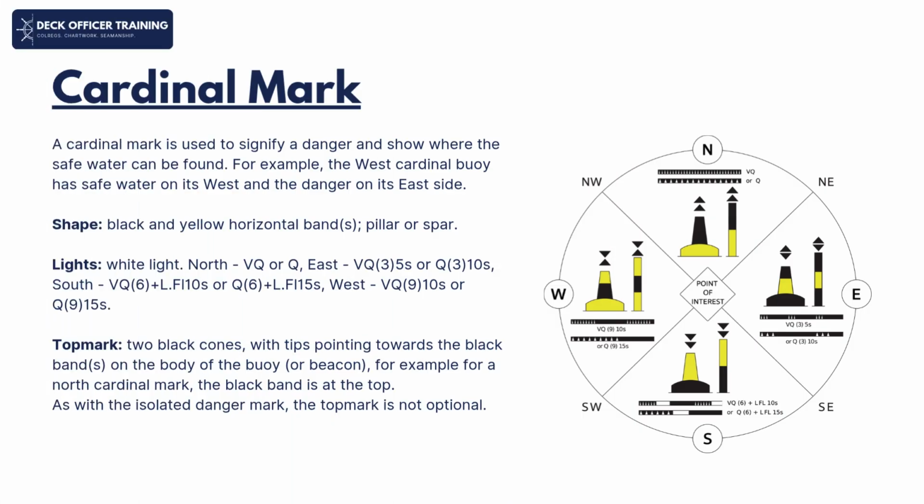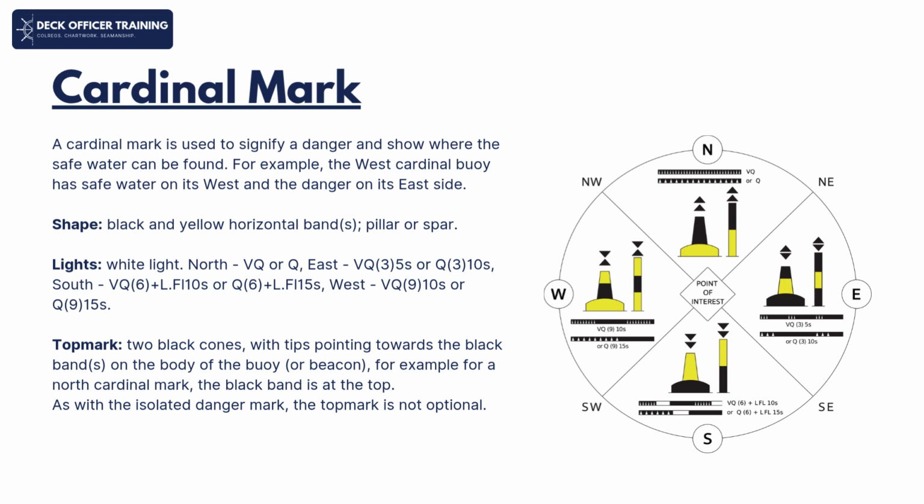Cardinal mark. A cardinal mark is used to signify a danger and show where the safe water can be found. For example, the West Cardinal buoy has safe water on its west and the danger on its east side. Shape: black and yellow horizontal bands, pillar or spar. Lights: white light. North: very quick or quick.